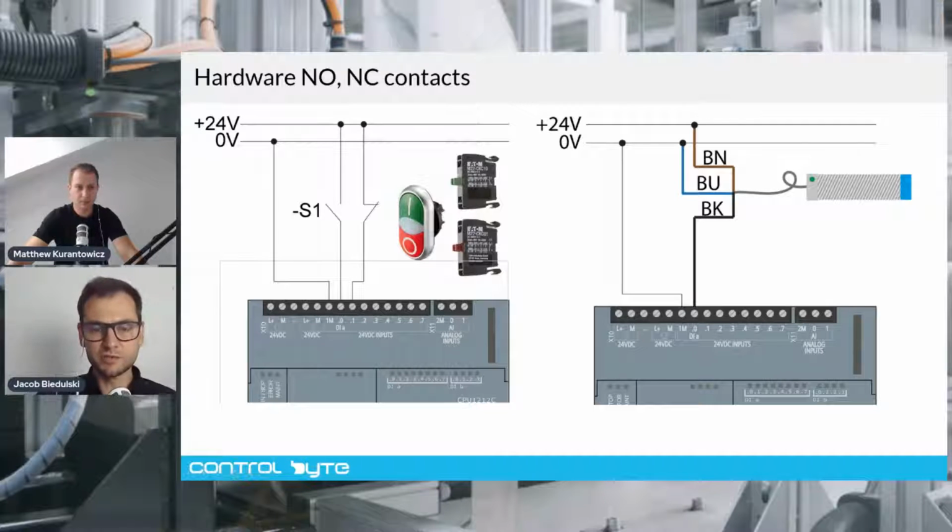Yes. In automation systems, you have digital and analog signals overall. Digital signals have two states: true or false, zero or one.